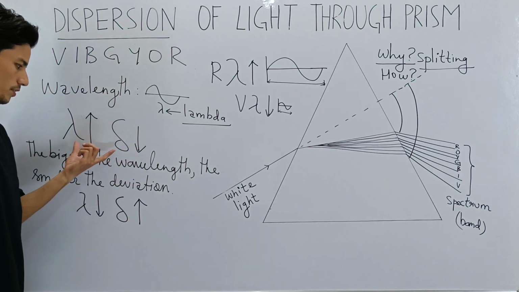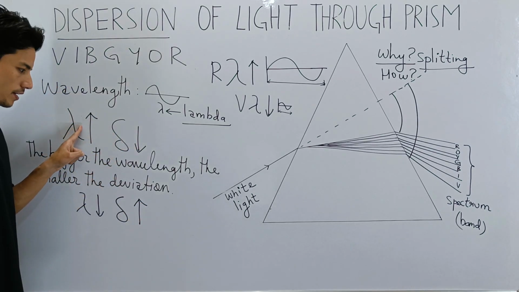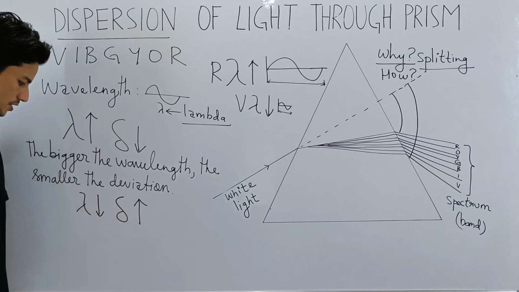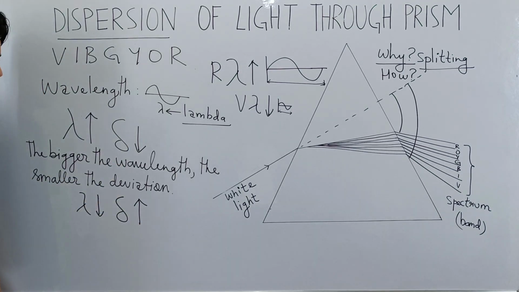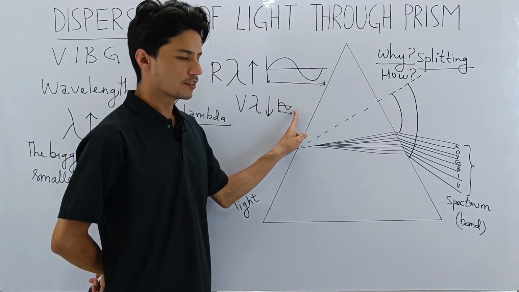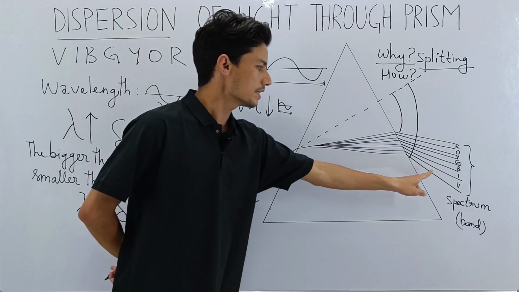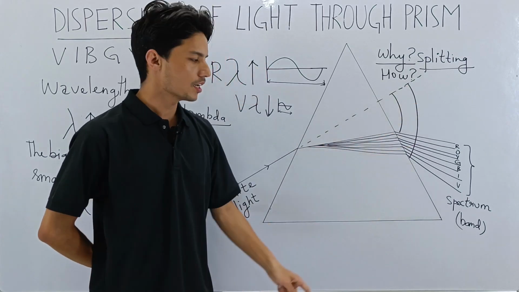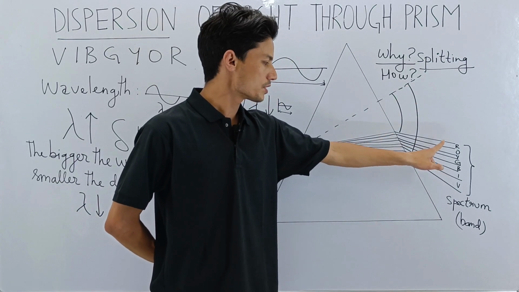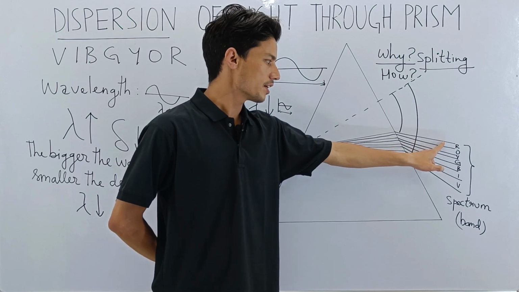This is just the reverse of the first statement: larger wavelength, smaller deviation; smaller wavelength, larger deviation. Easy, isn't it? Violet has the shortest wavelength, so it deviates the most, and the color which deviates the least is red.